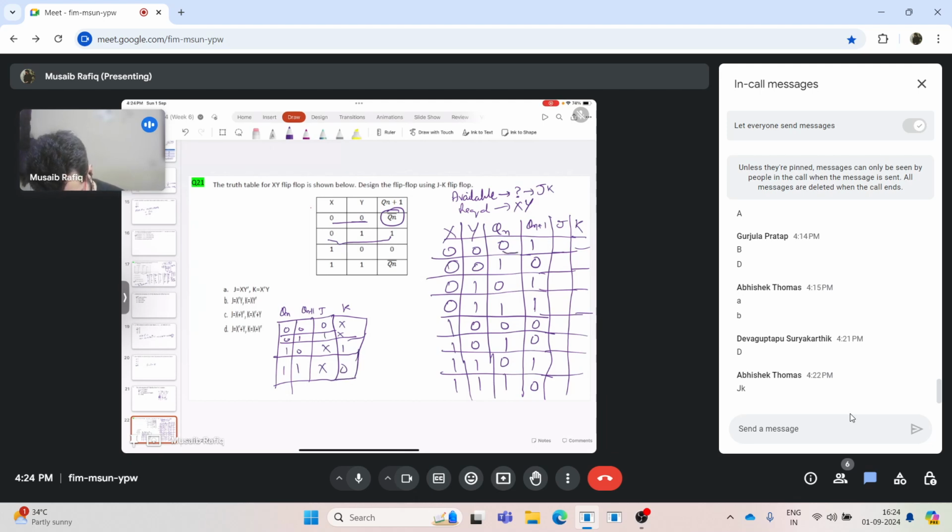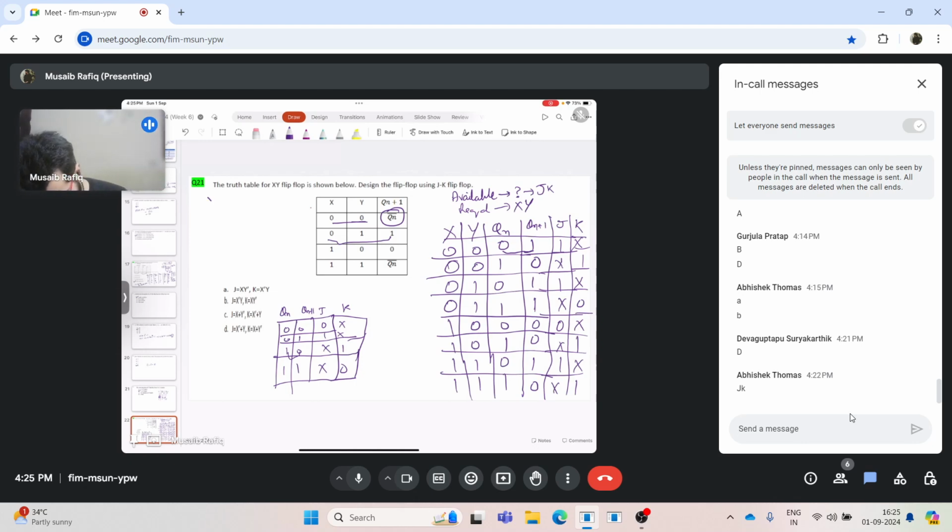Here I have 0 1, so it will be 1 x. Then I have 1 0, that is x 1. Similarly, it will be 1 x, x 0, 0 x, x 1, 1 x and x 1.